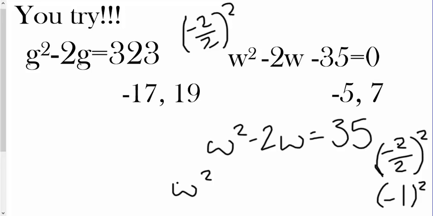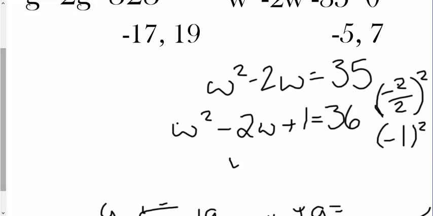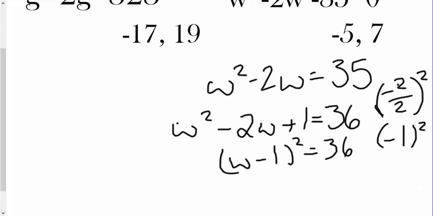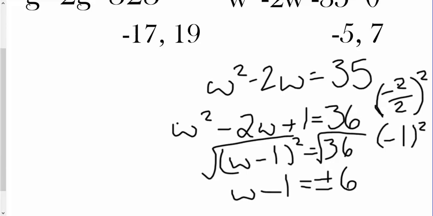So w squared minus 2w plus 1 equals 36, because I added 1 to both sides. So that'd be w minus 1 squared equals 36. So to get w by itself, I have to take the square root of both sides, which would just be w minus 1 equals plus or minus 6.